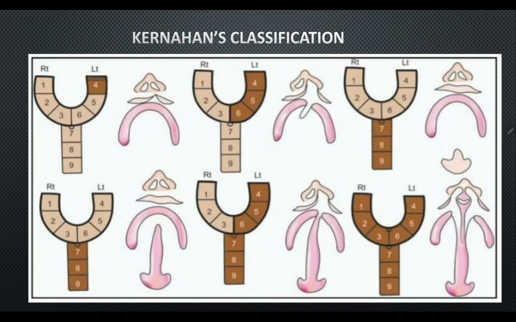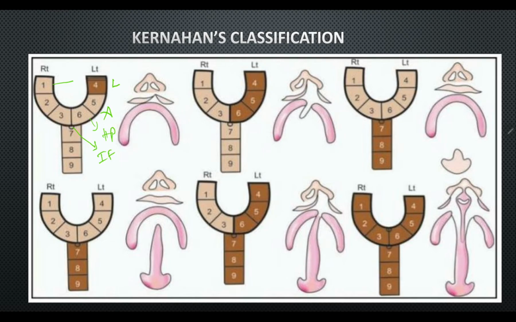And the next classification is Kernahan's classification. In Kernahan's classification, they give a configuration of a Y. In that configuration of Y, they are numbering like this. Here 1 and 4 are lips, 2 and 5 are the alveolus, 3 and 6 are the hard palate, and this round structure is the incisive foramen.